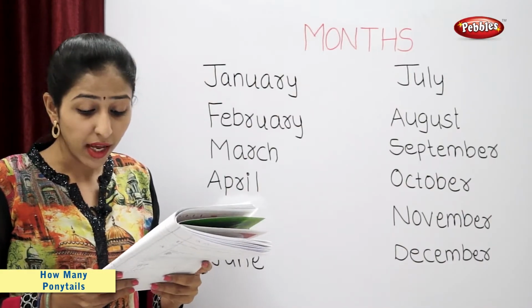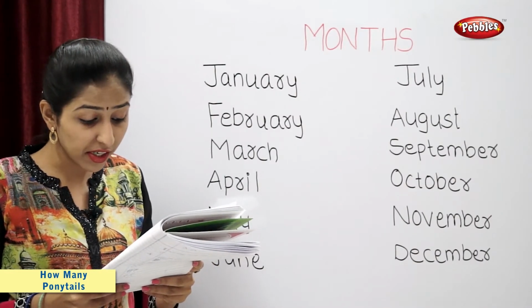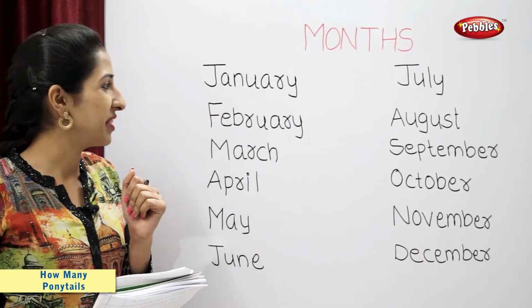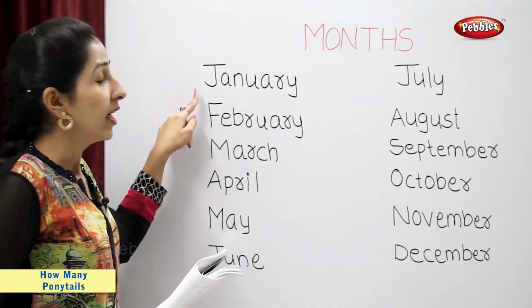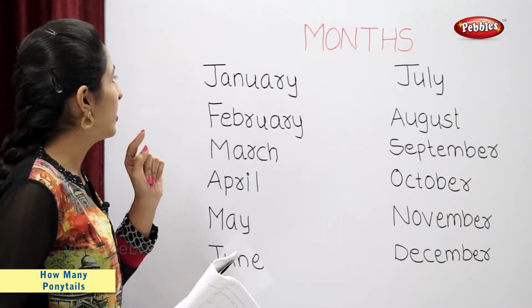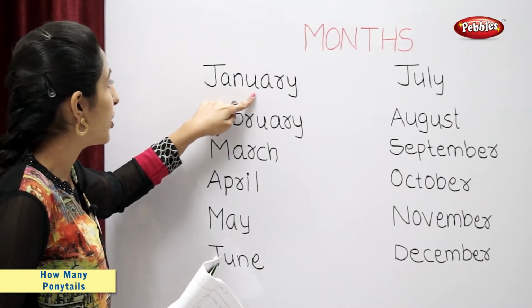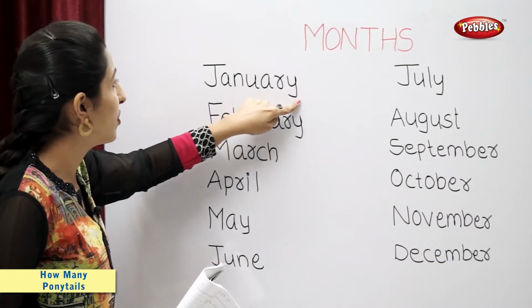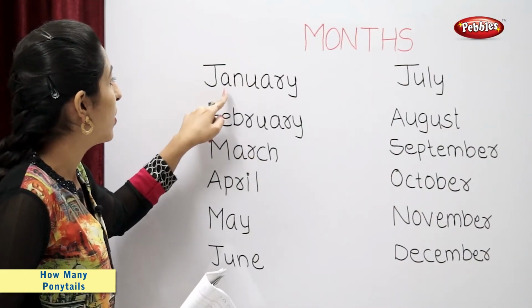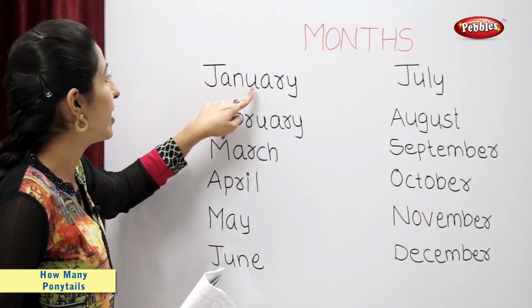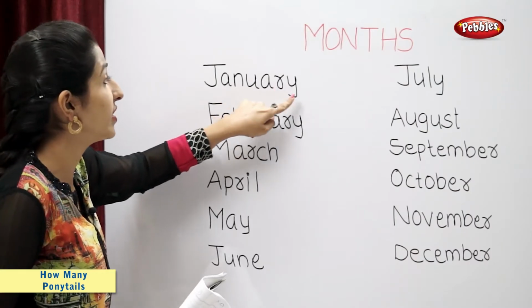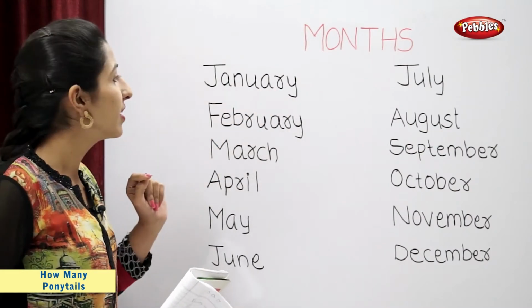Which month name has the maximum number of characters? Let's find this out. January. Let's count. J A N U A R Y. So that is 1, 2, 3, 4, 5, 6, 7.